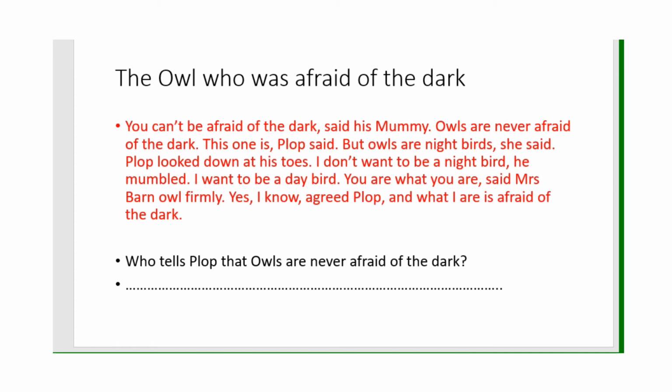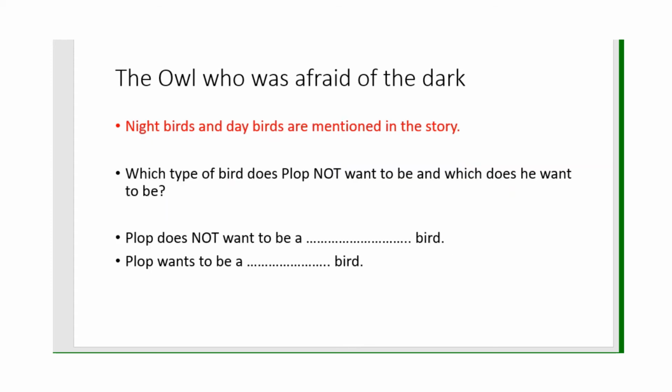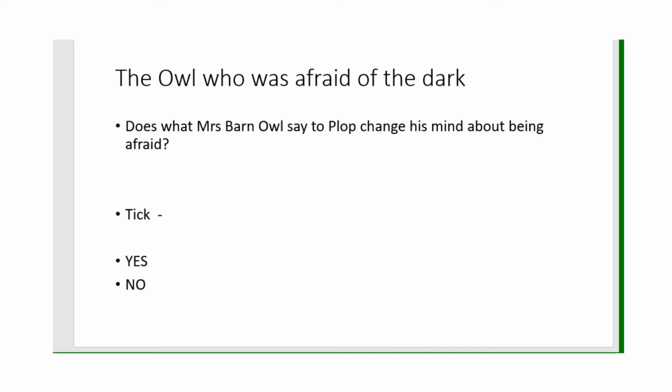He wants to be a daybird, but he doesn't want to be a nightbird. So, if you wrote them out, Plop does not want to be a nightbird. Plop wants to be a daybird.